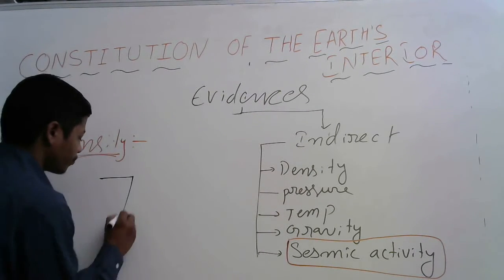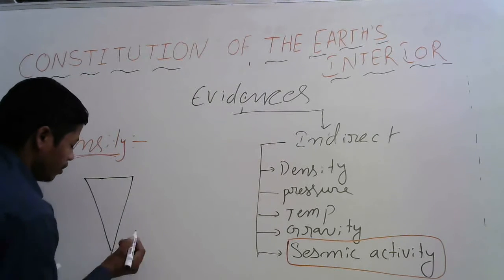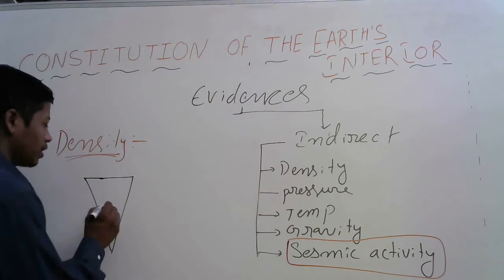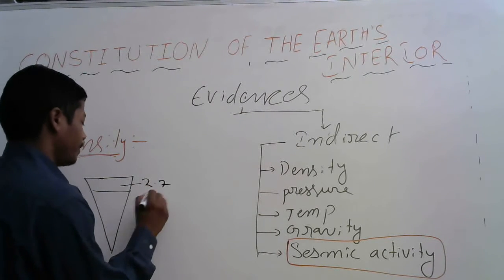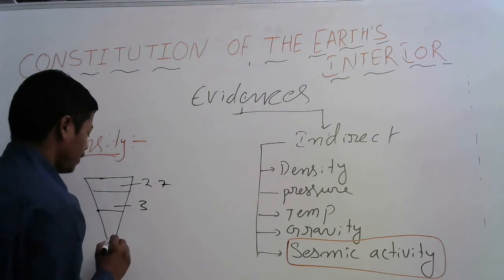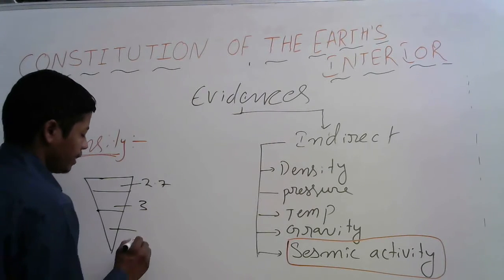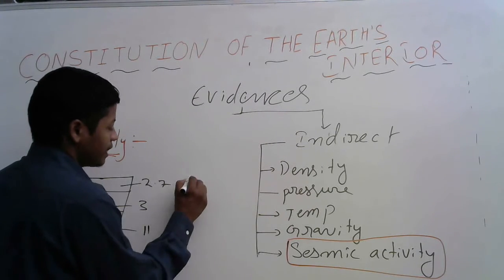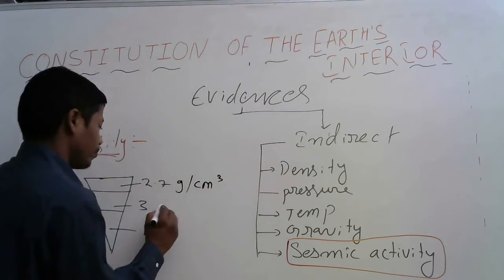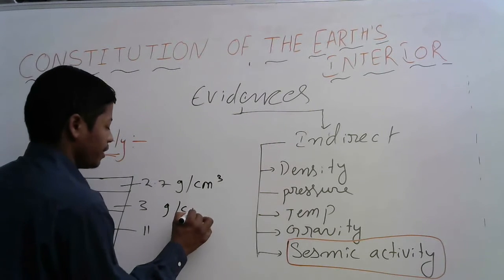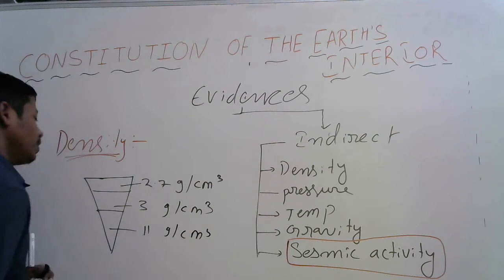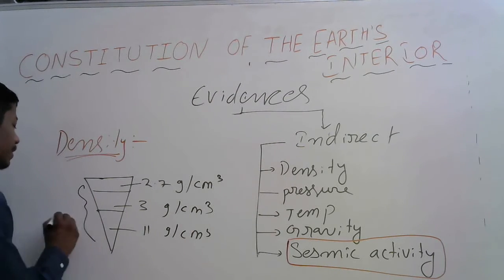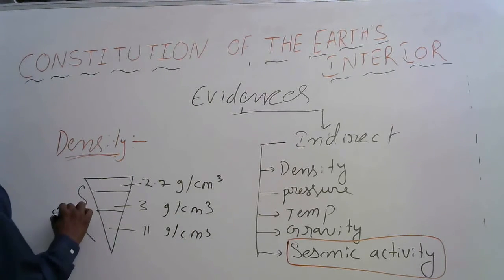Suppose this is the earth: the crust contains 2.7, the mantle contains 3, and the core contains 11 grams per centimeter cube. Different layers. Overall, the earth contains 5 grams per centimeter cube.